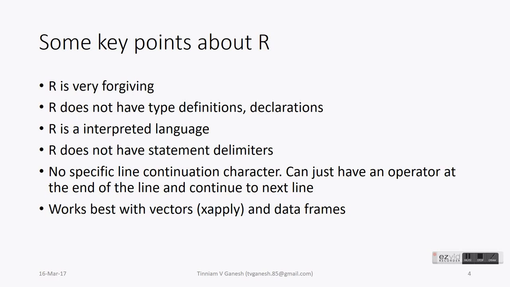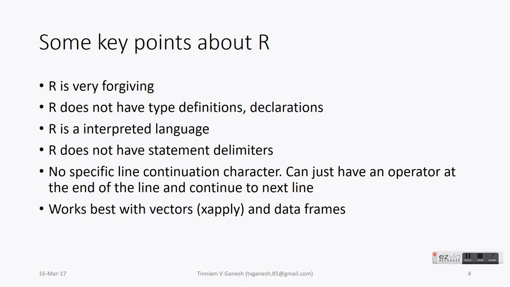The key point about R is that it is pretty forgiving in comparison to other languages like C, C++, or Java. It does not have type definitions and declarations. It's not very strongly typed. And R is an interpreted language like Python, and every statement can be executed.